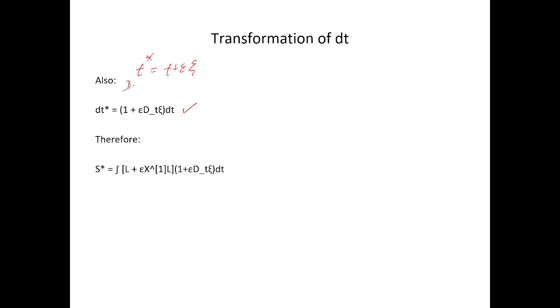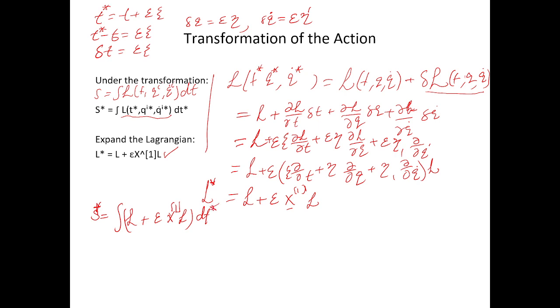So operating d dt star, we get dt plus epsilon d xi, and taking dt common, that is epsilon d xi over dt, and that is exactly this thing, this is 1 plus epsilon d xi, which is written over here, and dt I take common. This is dt star.